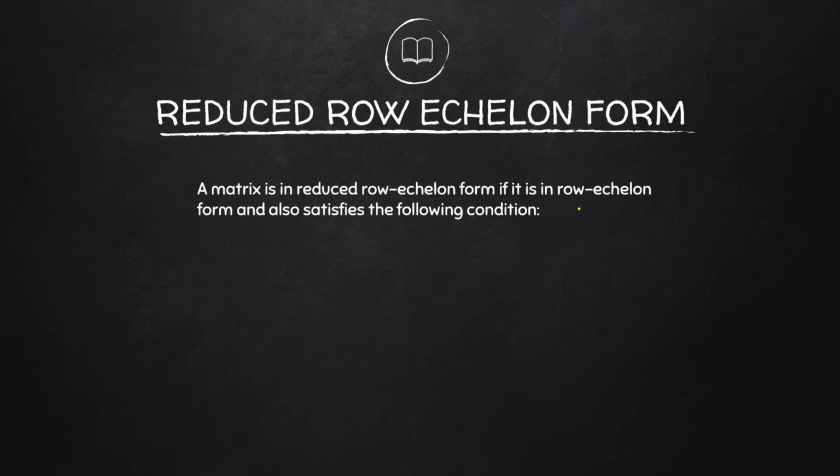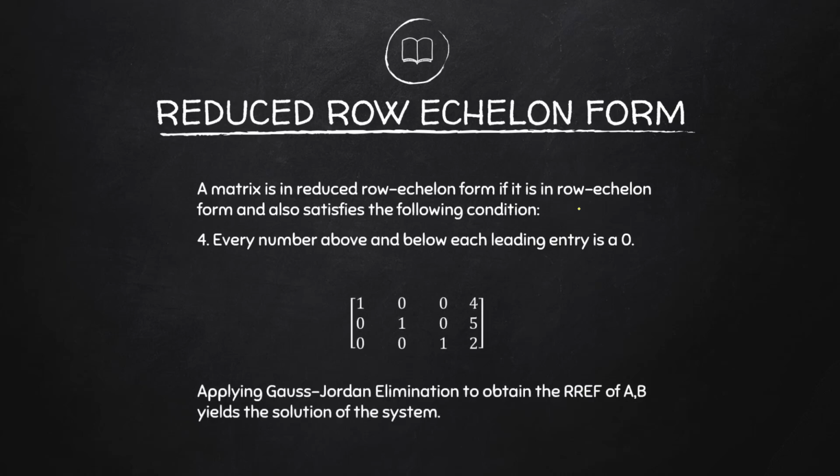And further, from the conditions of the row echelon form, it also satisfies the following condition. Every number above and below each leading entry is a 0, such as in the case of this matrix.